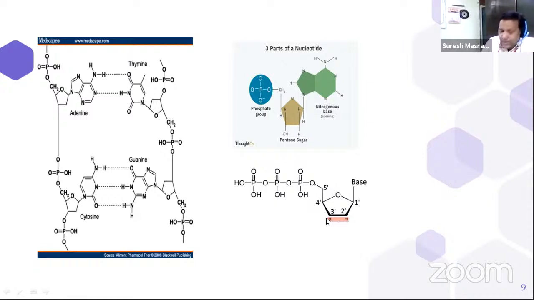Thus, if it is dideoxy adenosine triphosphate, then once that ATP attaches with the growing strand, we do not allow the attachment with other nucleotides, and the replication is arrested at the level of that dideoxy ATP.